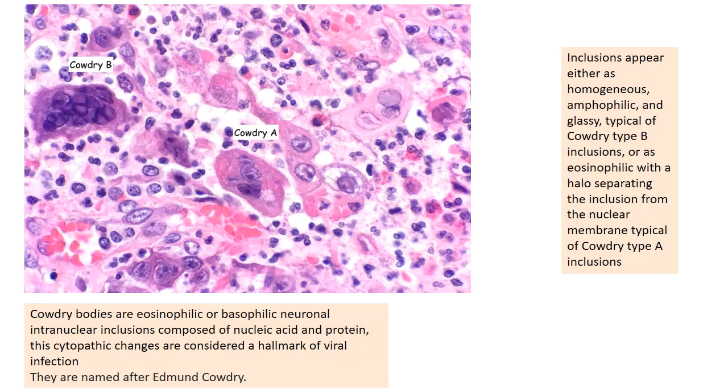So this diagram shows you the characteristic Cowdry type A and Cowdry type B inclusion bodies, right?